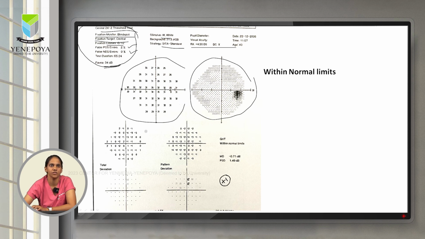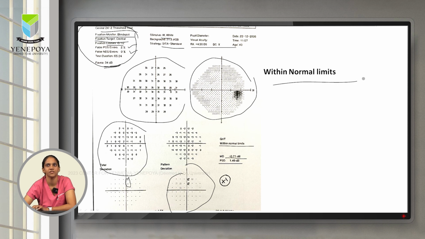You look at the total deviation plot next, there is nothing. You look at the probability plot also, there are barely 2 points that are P less than 5%, nothing P less than 1%. Pattern deviation plot also seems absolutely fine. Then you look at the GHT within normal limits, you look at the mean deviation index, all okay. So this is a normal patient. In a glaucoma suspect, you see something like this, you should be happy, there is no glaucoma.